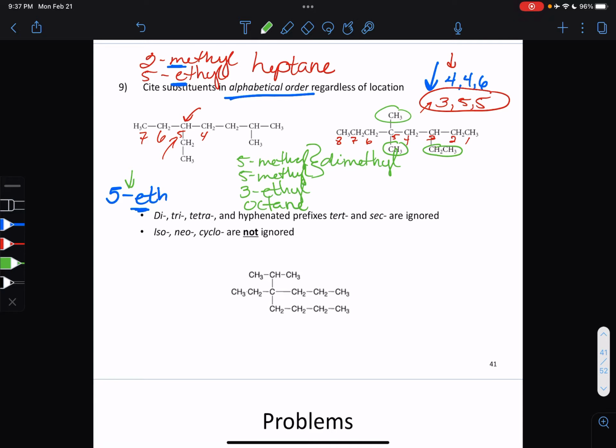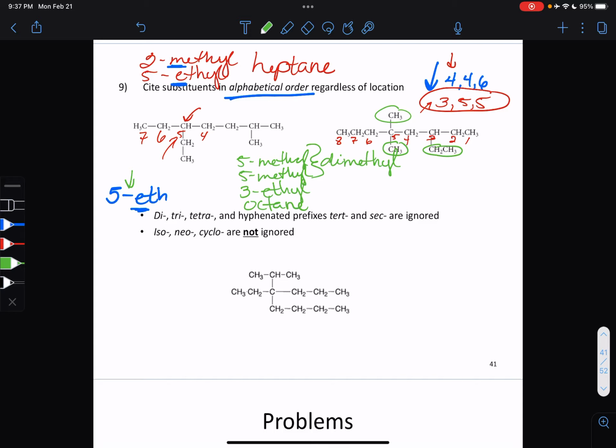All right, so in order to put this name together we have 5,5-dimethyl, and we have ethyl, and then on the end always comes the parent, so there's octane. So who comes first, the dimethyl or the ethyl?